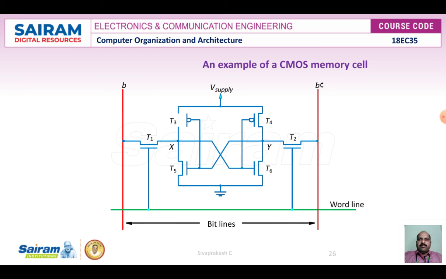Access times of just a few nanoseconds are found in commercially available chips, so static random access memories are used in applications where speed is of critical concern.